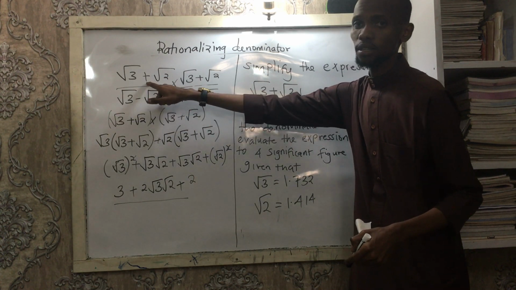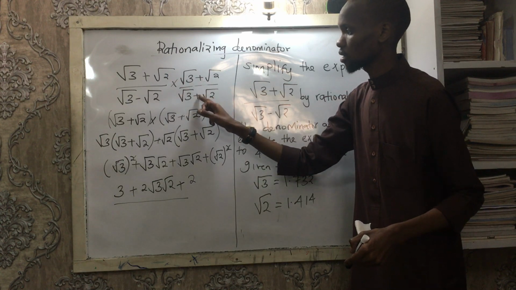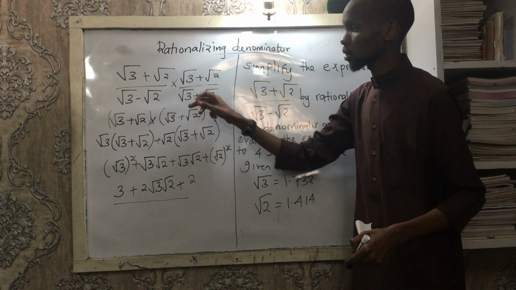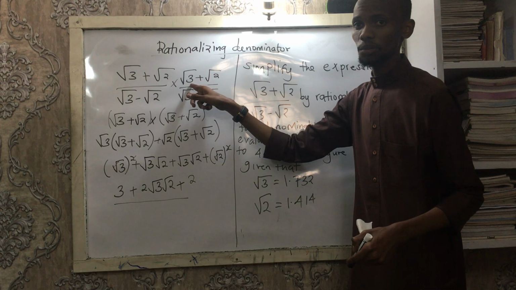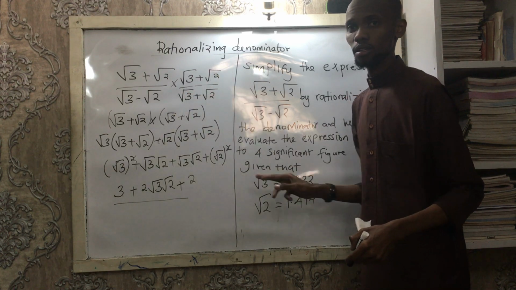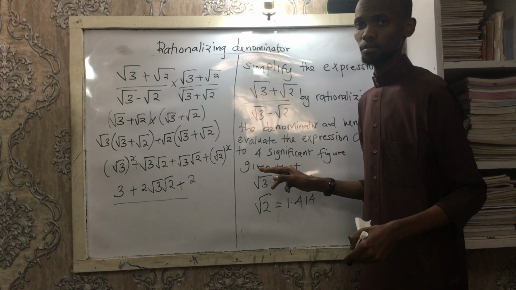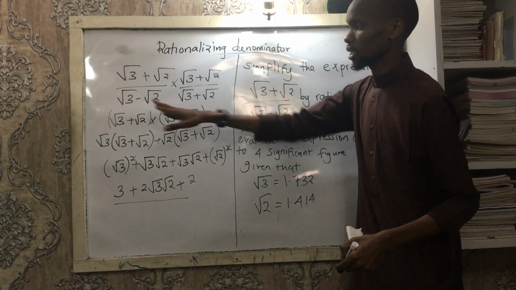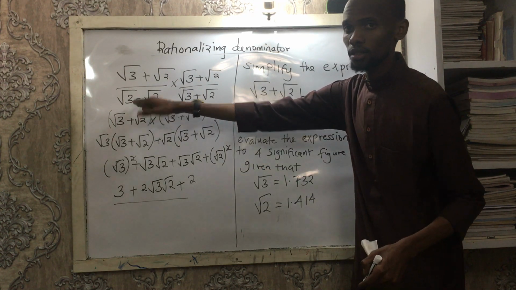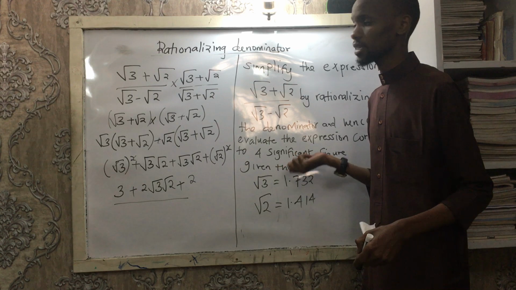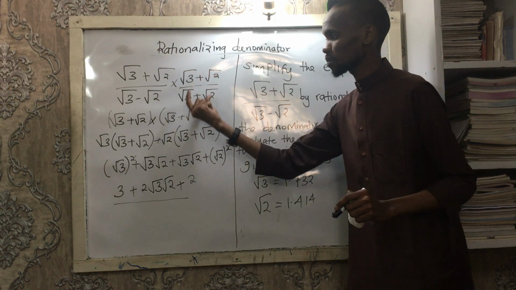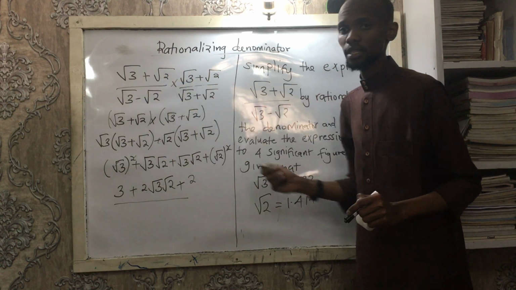When I multiply by the conjugated denominator, it will change the sign in the denominator only, so the numerator will stay as a plus. But assume it was a plus here, it will be a minus. Okay? Just changing the sign, but the figures remain the same.